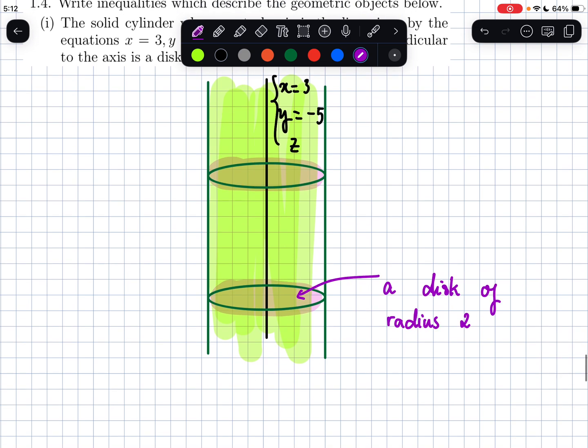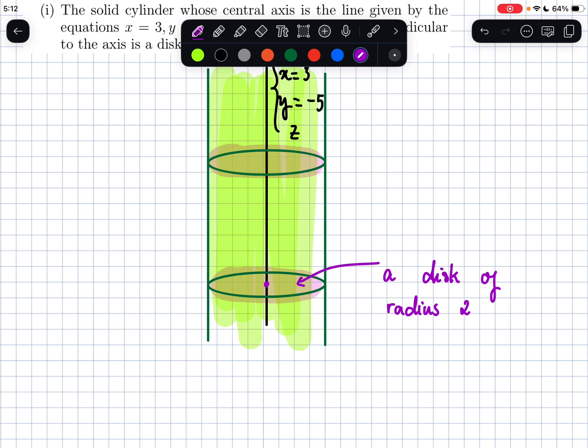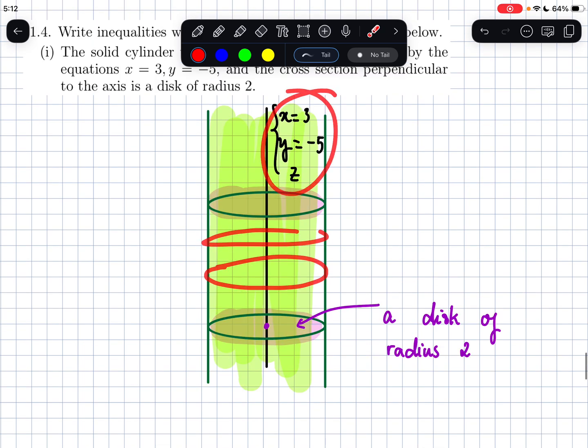Any disk here perpendicular to the central axis will be a disk.